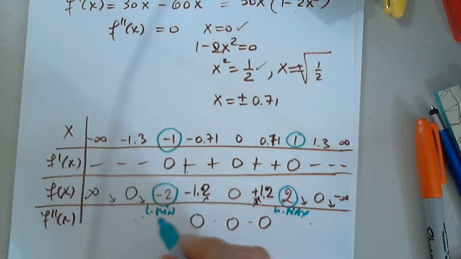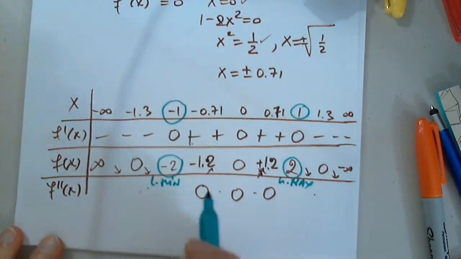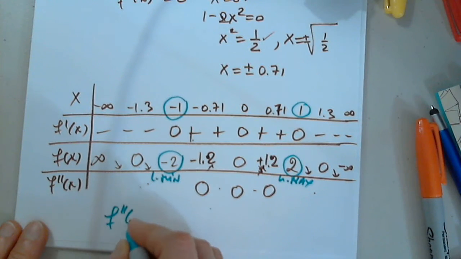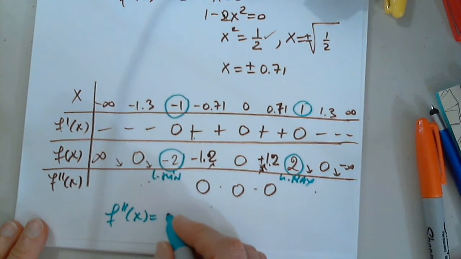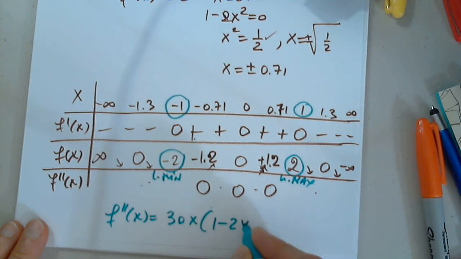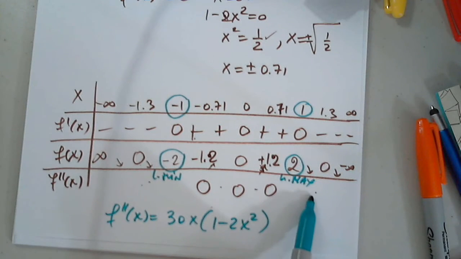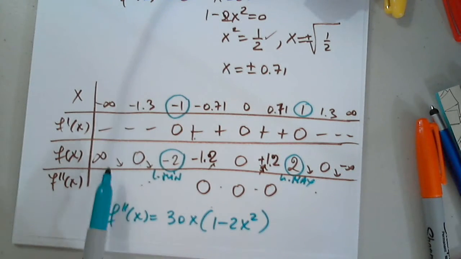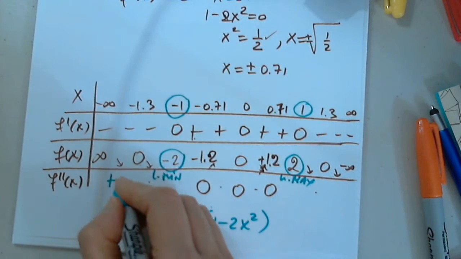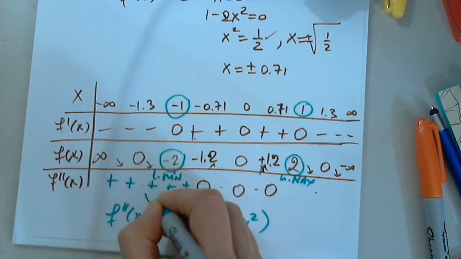So now I want to study the sign of the second derivative. So I'm going to copy here. The second derivative was 30x times (1 minus 2x squared). So I have 1, 2, 3, 4 intervals. In this interval, I want to plug in negative 10. This is negative, negative, and this will also be negative, so positive, which means the function opens up.